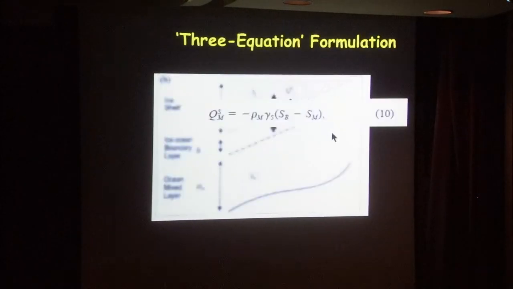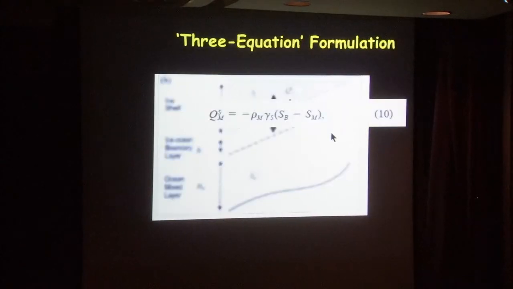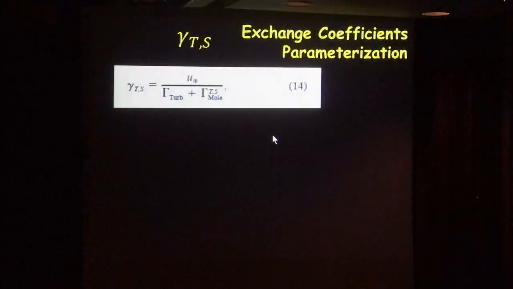And then the other part is salt fluxes. You can do the same formulation, except you can say, I want to bring salt from the mixed layer into the interface, and then you have this gamma S. And so finally, let's take it to the final point where people have brought this.